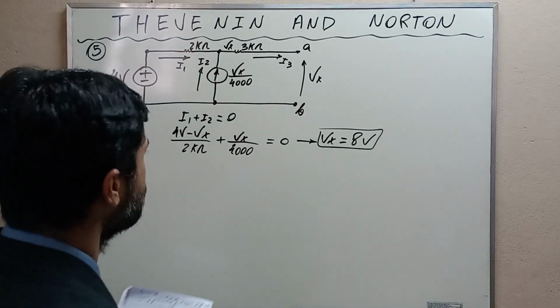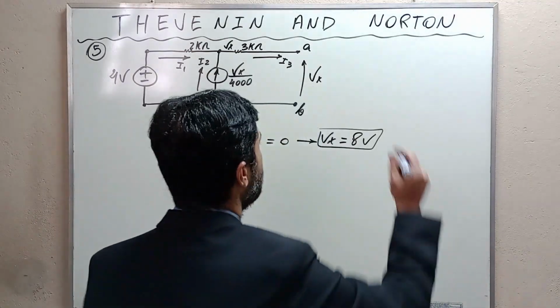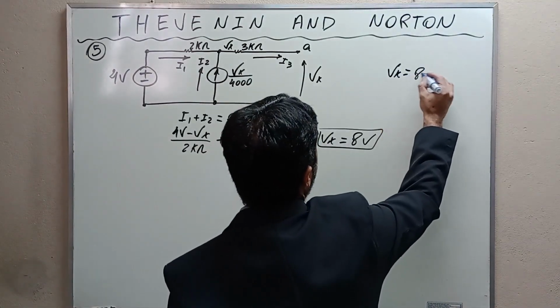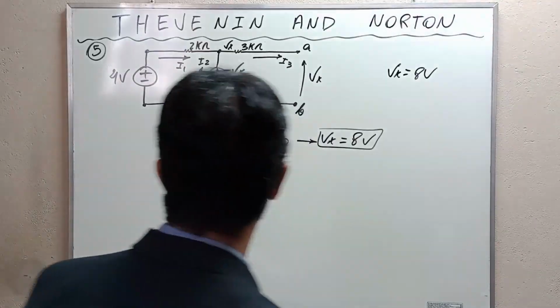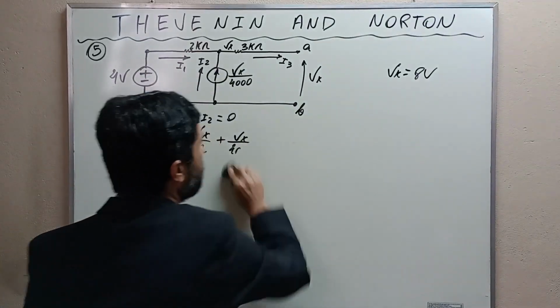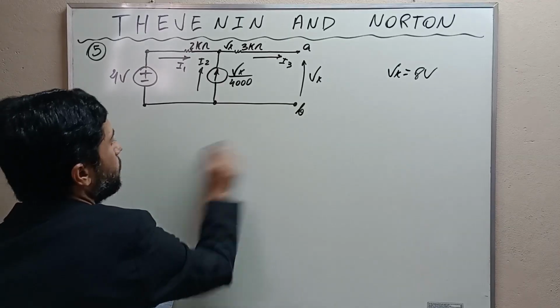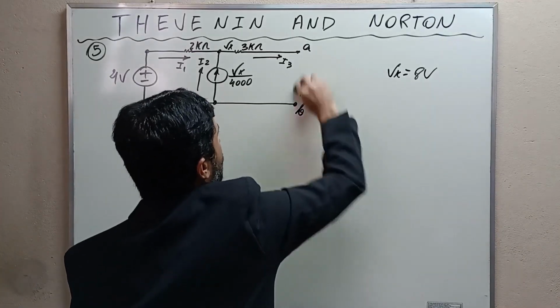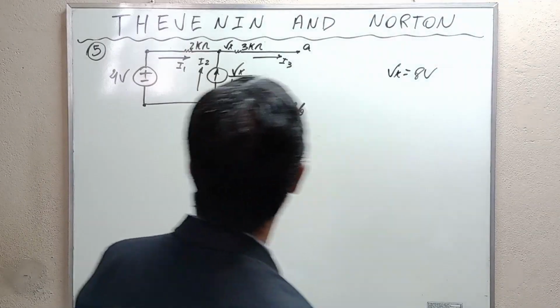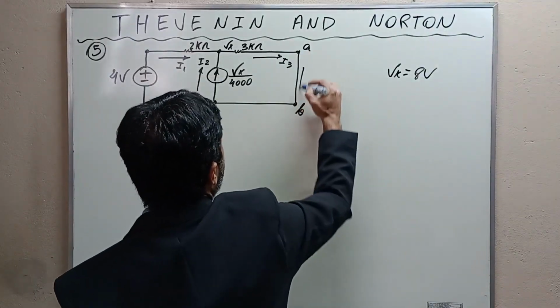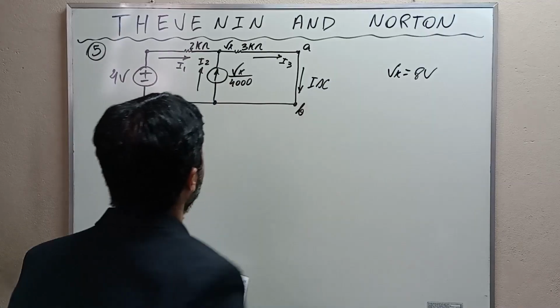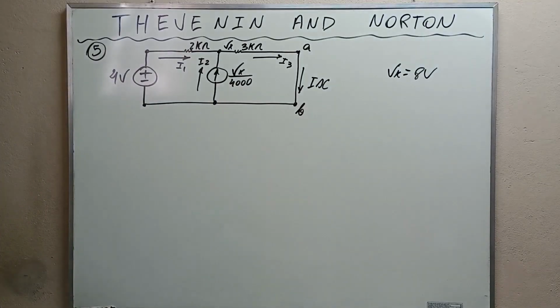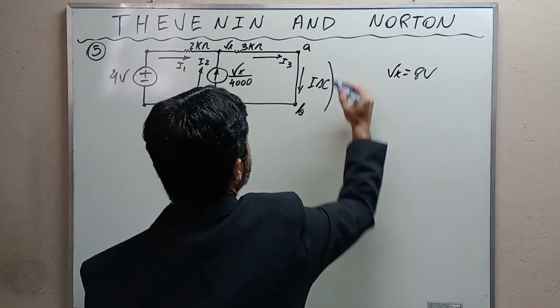Let's do it. Just store here Vx is equal to 8 volts. Okay, I'm going to have to erase here, and I am going to short circuit it here. Observe that here we had Vx.